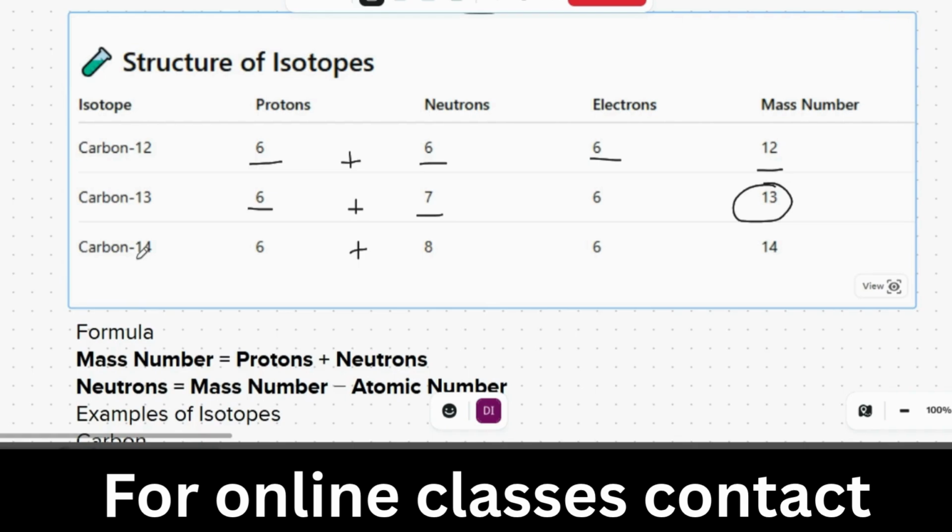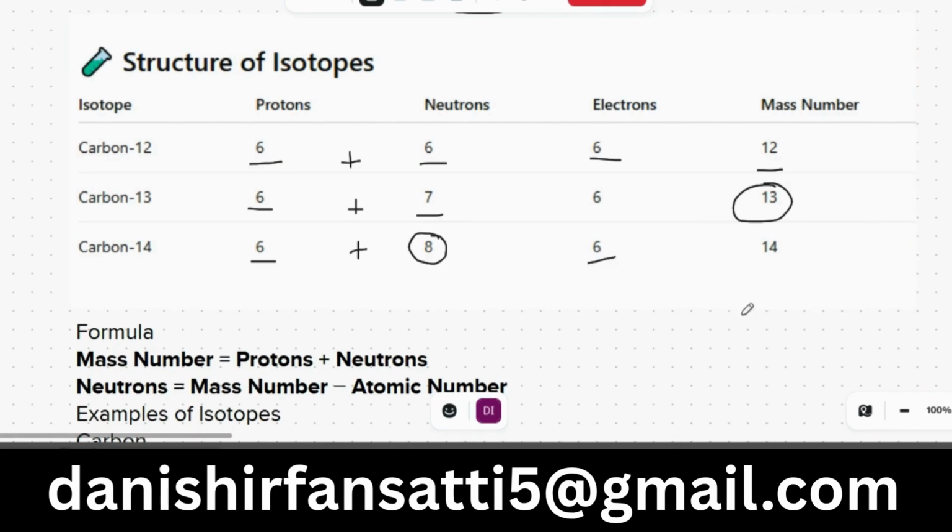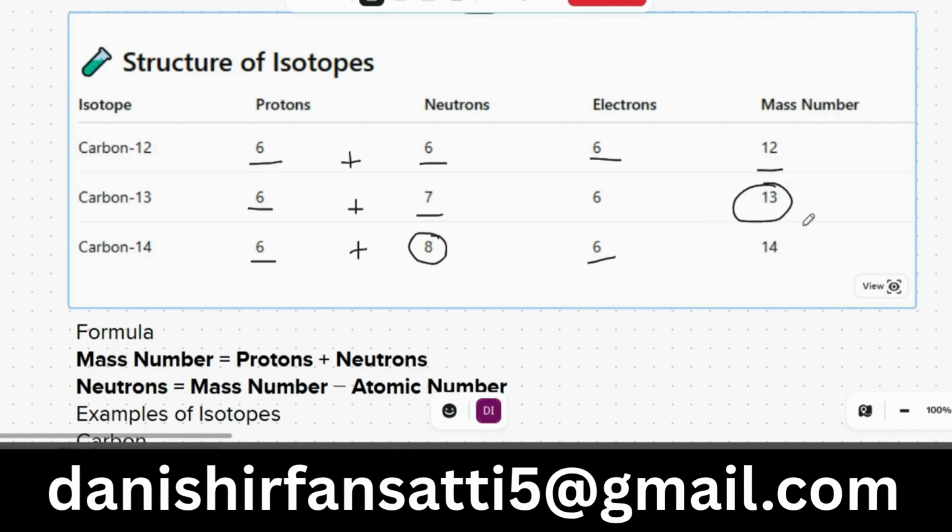That is the same for carbon 14. It has the exact same number of protons, but the number of neutrons has increased by one more. The number of electrons will remain the same if it is not a charged particle. Negative or positive is a different story. Now you can see 6 plus 8 is 14, so the mass number is now 14.